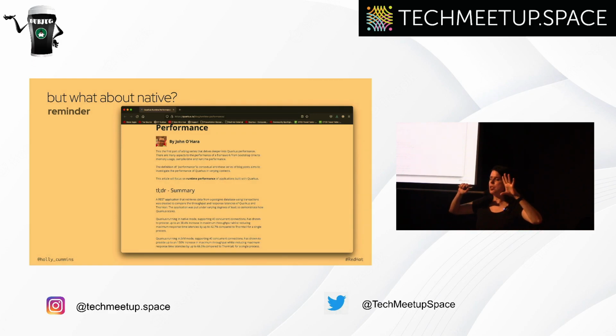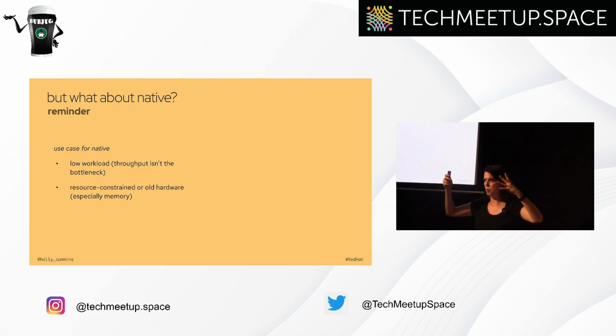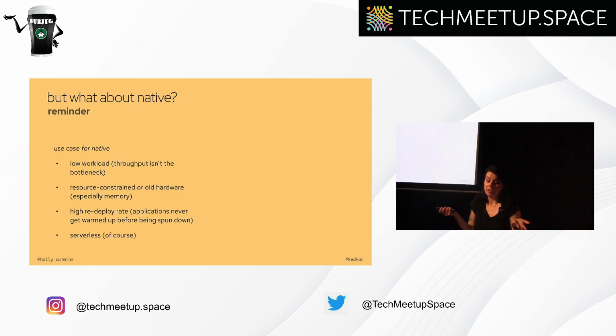As a reminder, there's a really good blog if you want to read more about Quarkus on native. But in general, we say for Quarkus, you should run on native where you want those super, super lightning fast startup times, if you don't have super high throughput, or if you want to run on older hardware or hardware that's really resource constrained, or if your application is getting deployed all the time so it doesn't have time to warm up, or obviously on serverless.